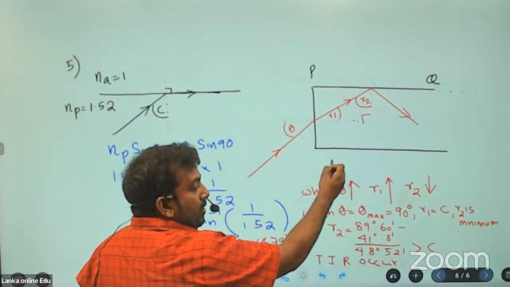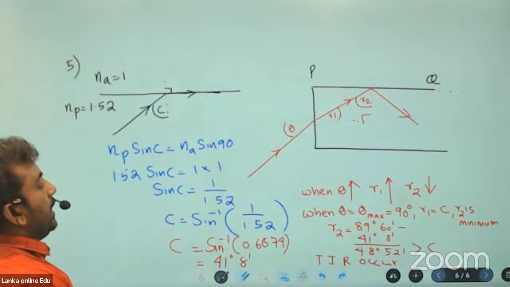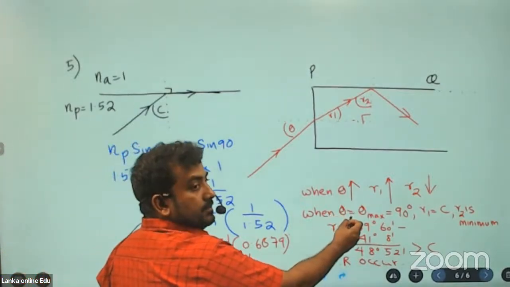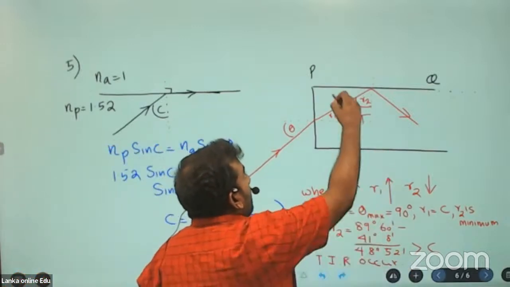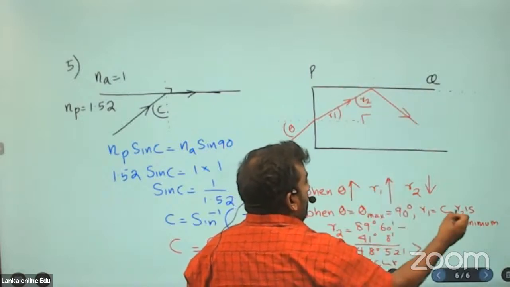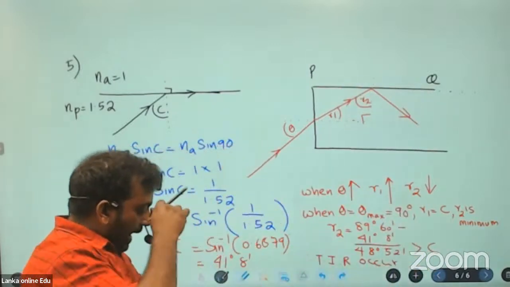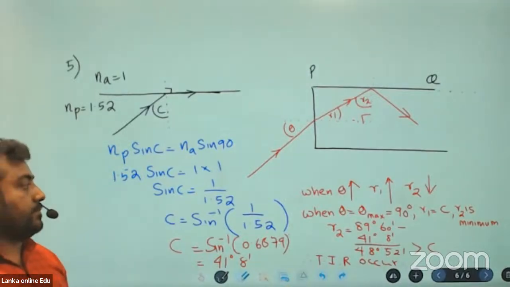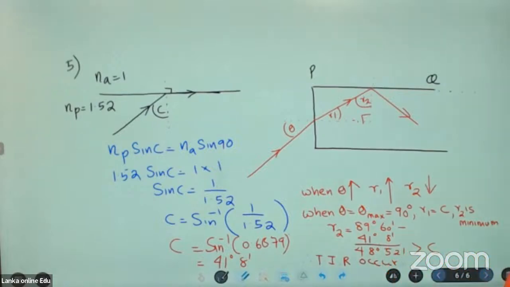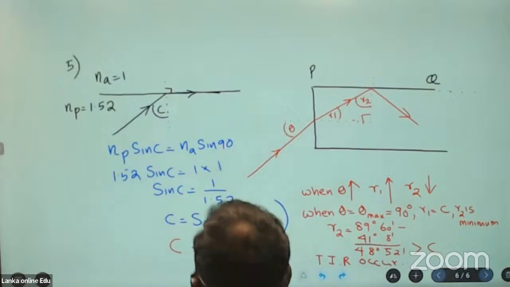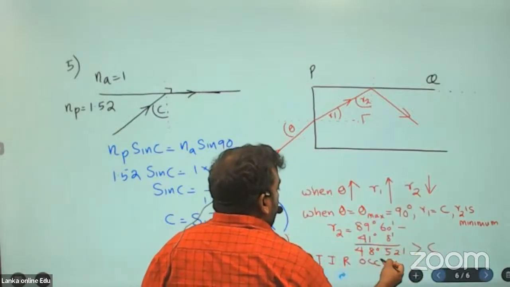For the maximum angle of incidence, the angle on surface PQ will be minimum, and the minimum angle is also greater than the critical angle.